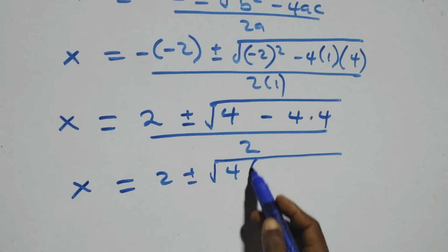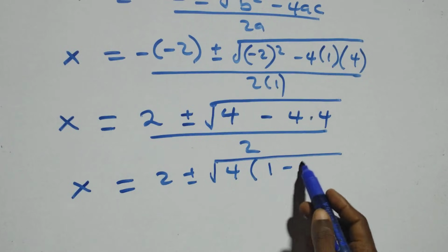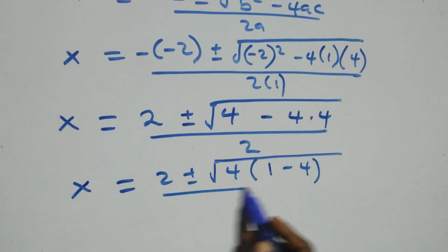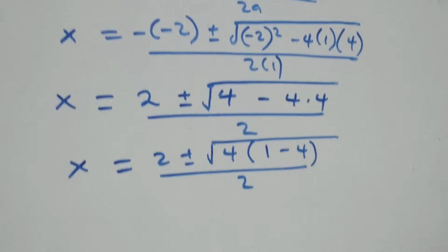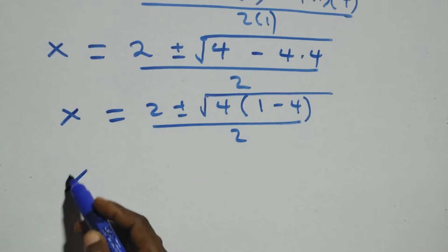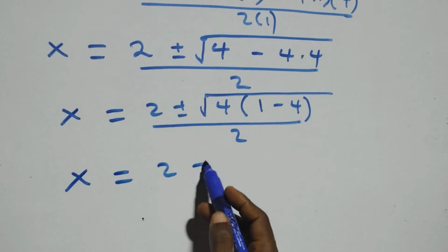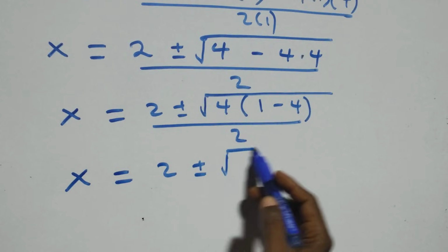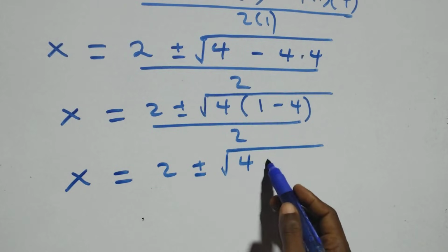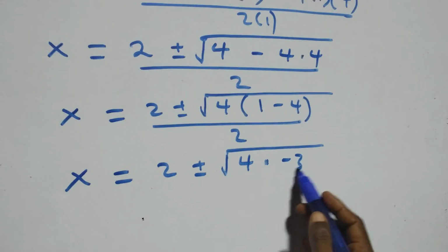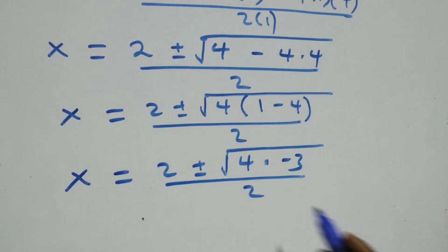We have 4 into bracket 1 minus 4 left inside over 2 here. This here we have x equals 2 plus or minus square root of, here becomes 4 times 1 minus 4, that's minus 3, all over 2.